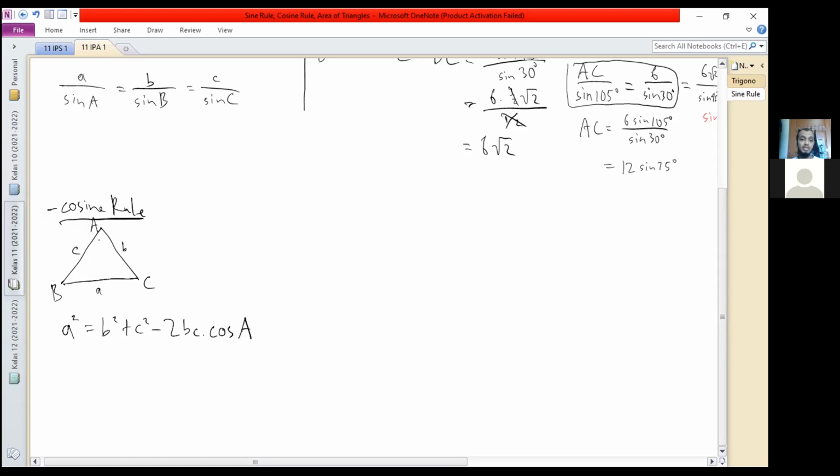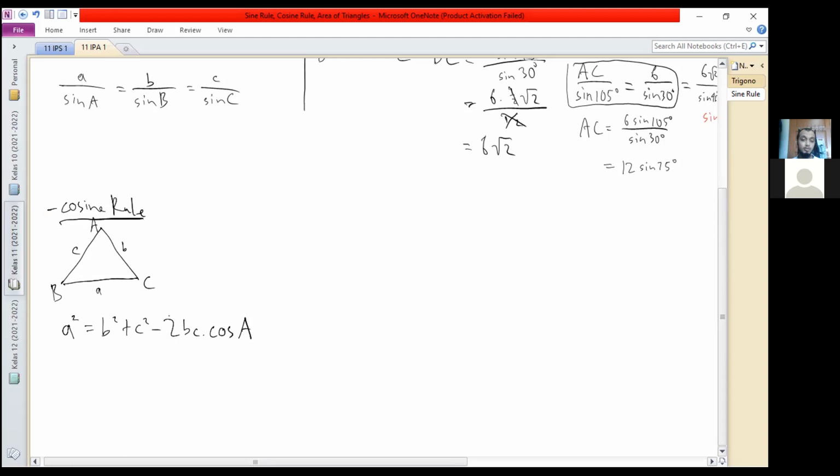But for any other angle, we use the cosine rule, so a squared equals b squared plus c squared, and then we subtract something, which is 2bc cos A.